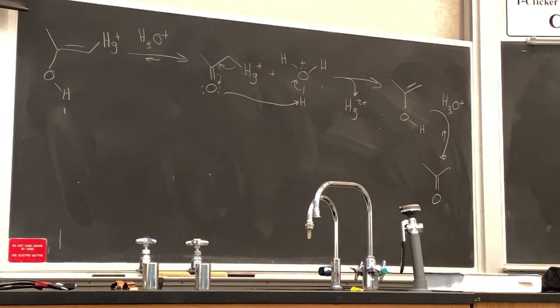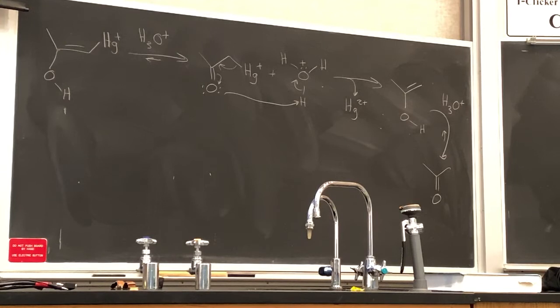Okay? So this mechanism we've drawn for you here is lengthier than the one in the book, but it makes more sense. It uses the mercury cation in a way similar to what we've seen in other reactions.